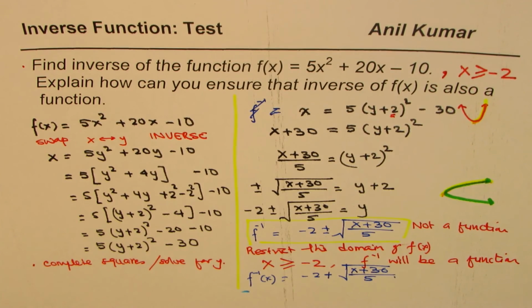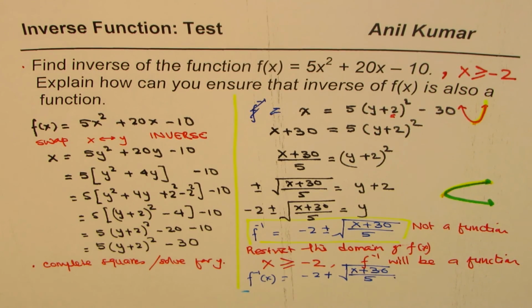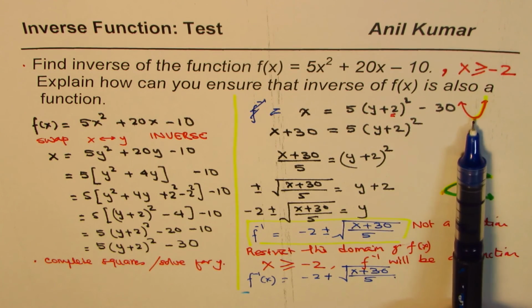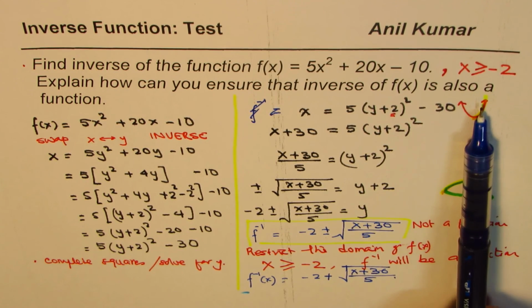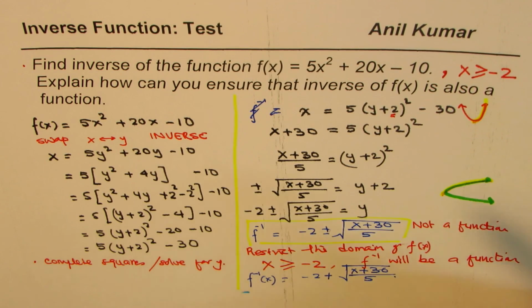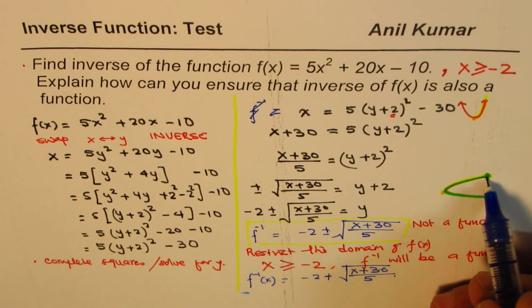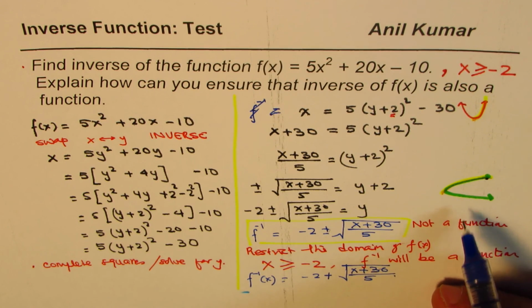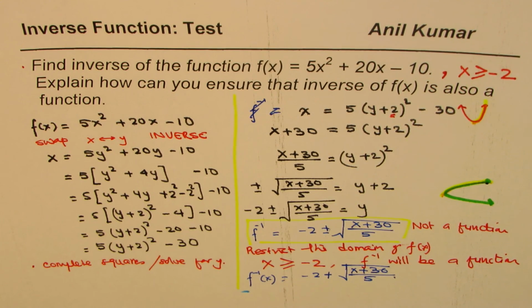So that is how we changed. For the inverse to be a function, it should pass the horizontal line test. This restriction allowed it to pass the horizontal line test, and that reflects into the upper half of this parabola, and it passes the vertical line test. So that is how all these things are connected.